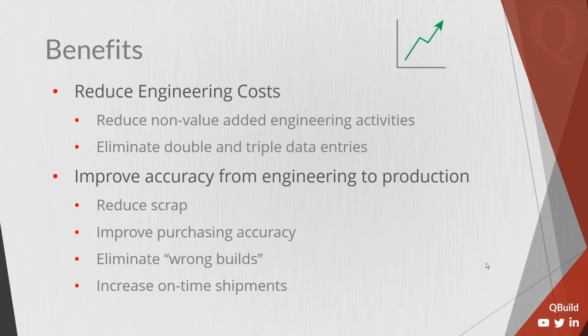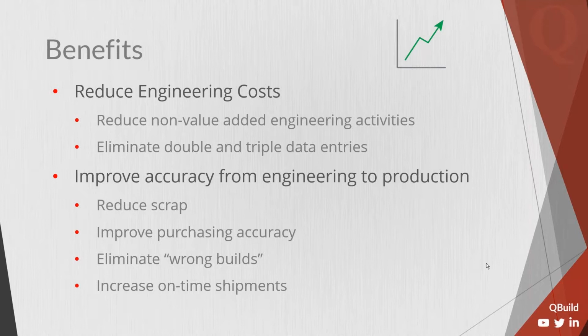So recapping on the benefits here. Of course, one of the main things is reducing engineering costs. So instead of having engineering spend time on non-value added activities like data entry or BOM management in the ERP, having them save that time and being able to do more engineering instead, more designing instead, that's one of the goals of CADLink.